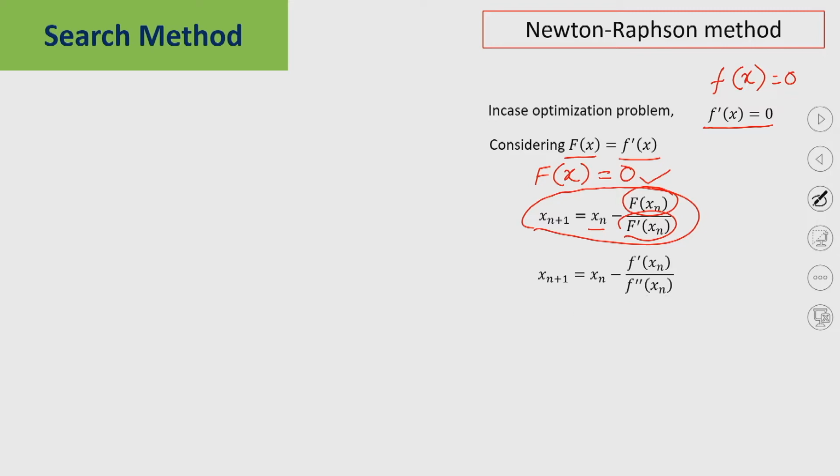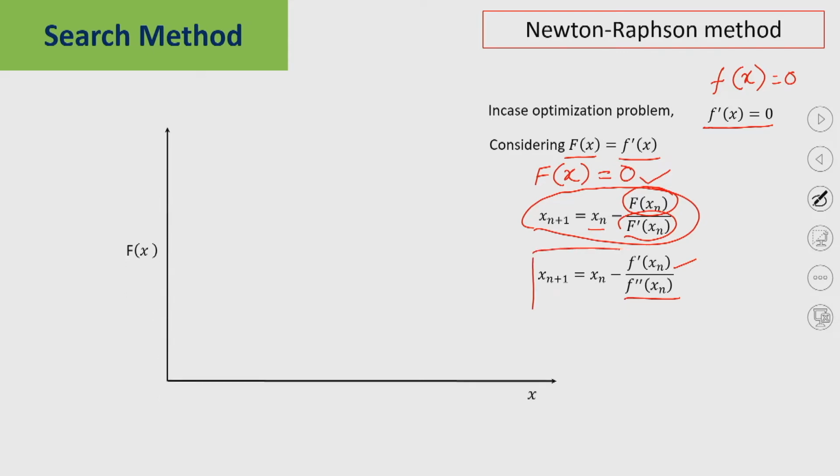Now capital F(x(n)) is nothing but the derivative of the original function, and if we take the derivative of the capital F(x) function, that will be the second derivative of the original function. So I can write this equation.